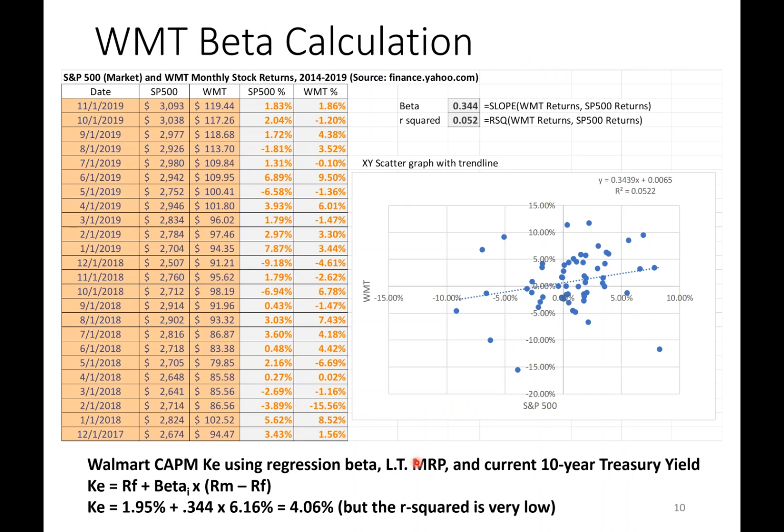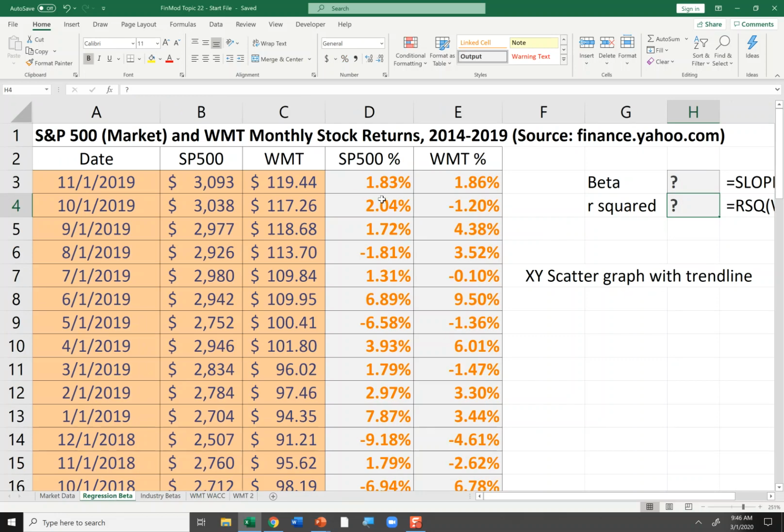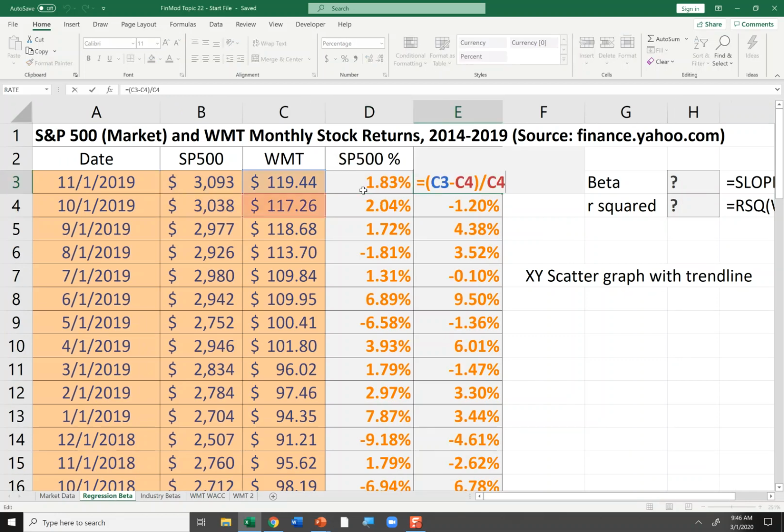As far as getting the beta calculation, you could simply download some stock returns. These are some monthly stock returns from 2014 to 2019 for Walmart. I'll go to my spreadsheet, and I have those returns right here. And I can just run a regression. Well, the easiest way to get the slope coefficient, or the slope of that regression, is not to run the full regression.